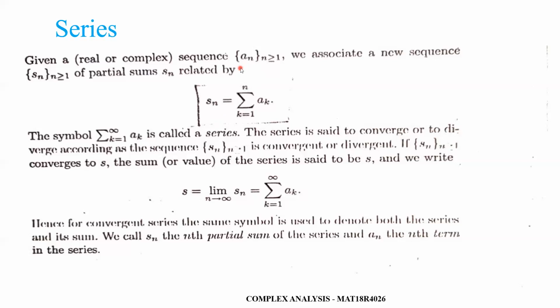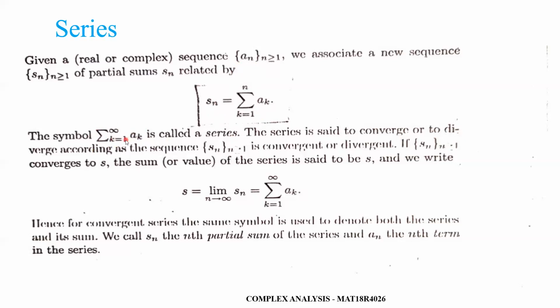See, there are an infinite number of numbers in this sequence, and this notation simply denotes the sum of all the elements of this sequence, and is called the series. And this another sequence Sn is the sequence of partial sums for this series.